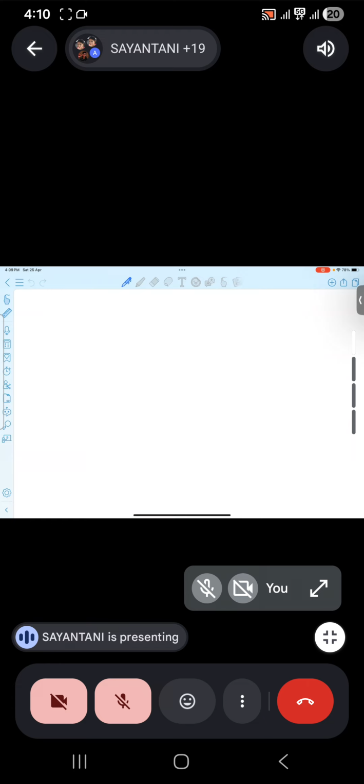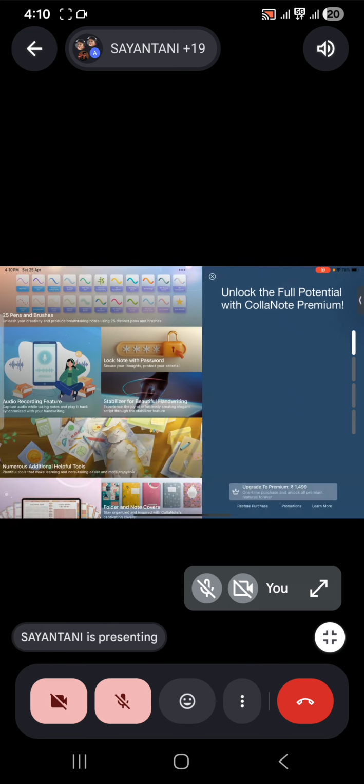Okay. So let's start with today's class. We continue with the process of classification. In the last class, we had discussed three important classifiers.